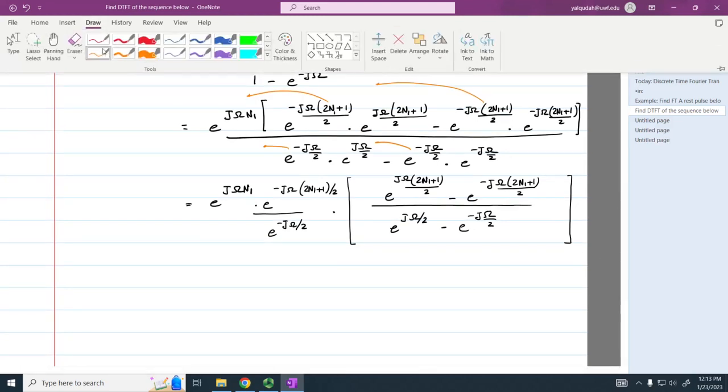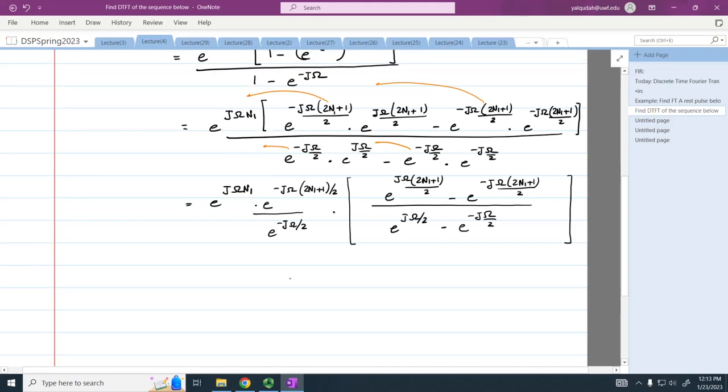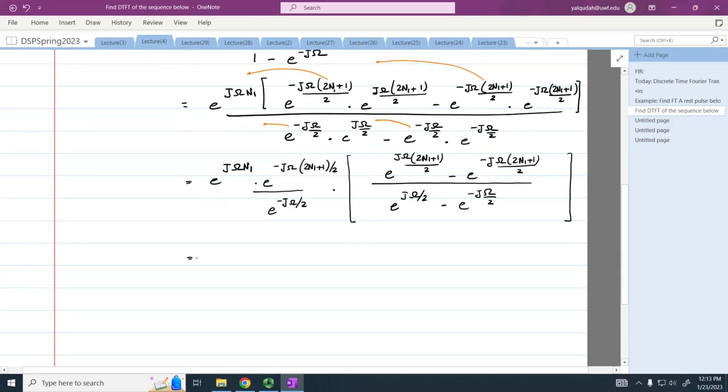So then we can express this as equal e to j omega n1 multiplied by e to negative j omega n1 multiplied by e to negative j omega over 2 multiplied by e to j omega over 2.